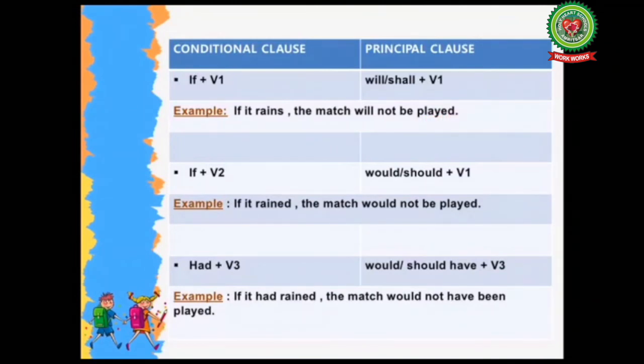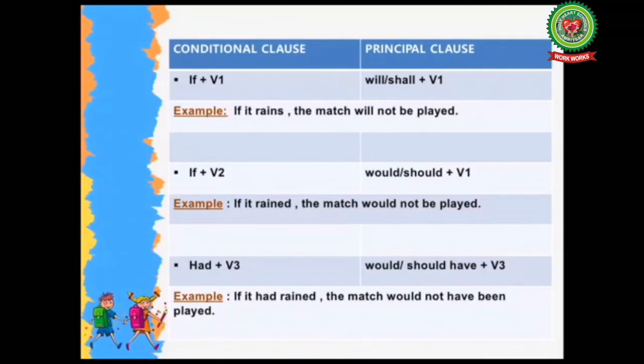Next rule: if the conditional clause is in simple past tense, then in the main clause we will use the past tense of will or shall, that is "would" or "should" plus the present form of the verb. See the example: if it rained, the match would not be played.